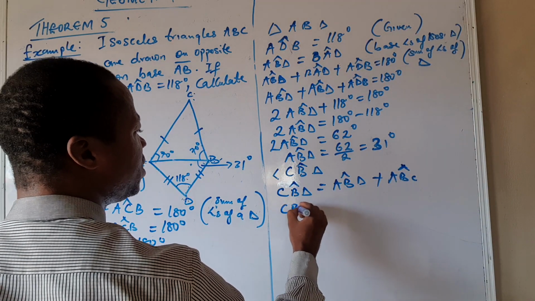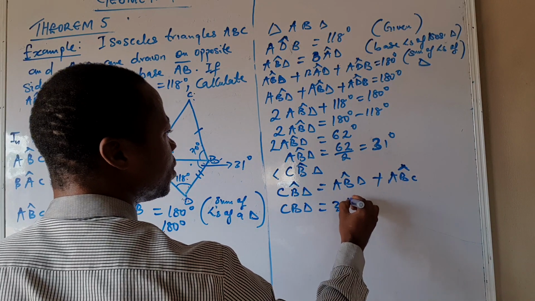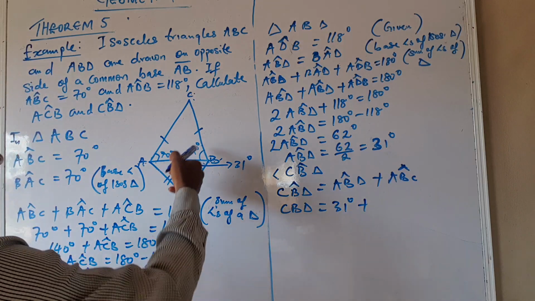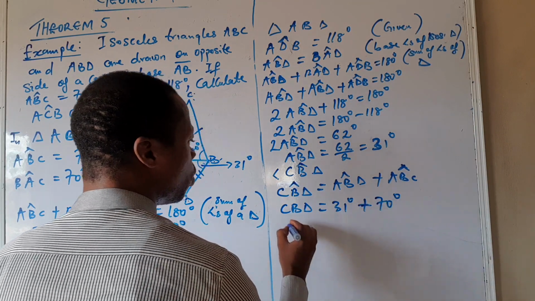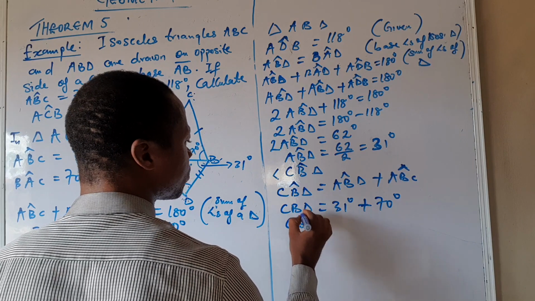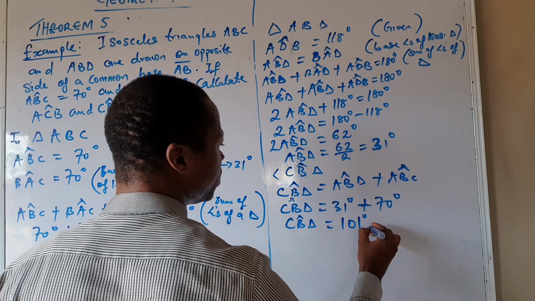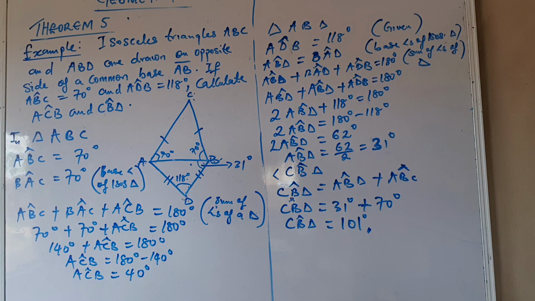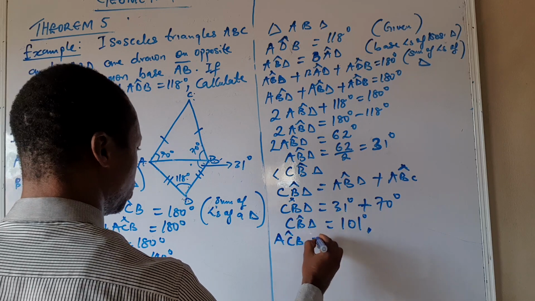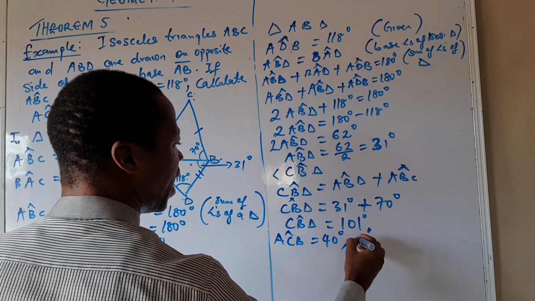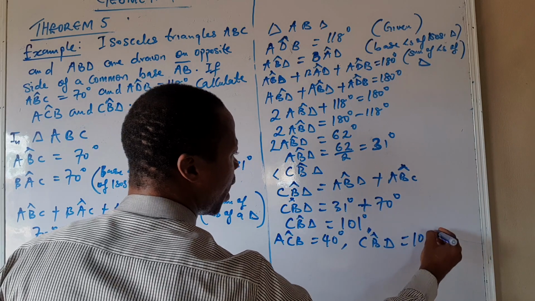And so my CBD will equal my ABD, 31 degrees, plus my ABC, which has been given before, 70 degrees. So my CBD will equal 101 degrees. And that solves the question. So from here, ACB is equal to 40 degrees, and CBD equal to 101 degrees.